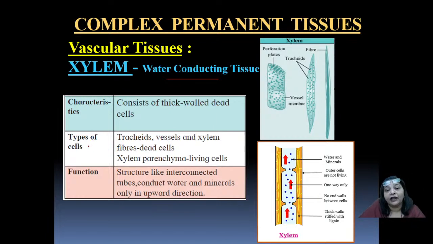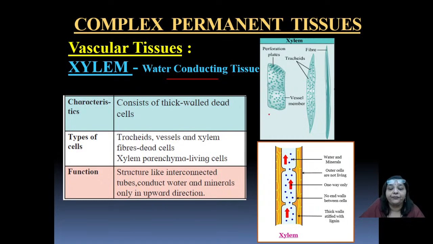Okay, they are made up of four different types of tissues. They are the xylem tracheids, the xylem vessels, and the xylem fibers, along with xylem parenchyma. Now, the xylem tracheids, xylem vessels, and xylem fibers are dead cells, whereas xylem parenchyma is a living tissue.